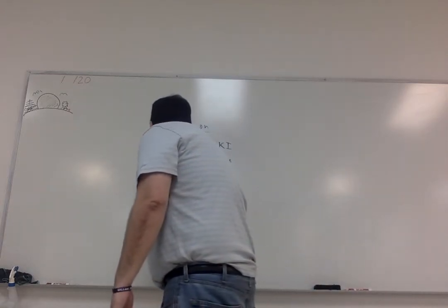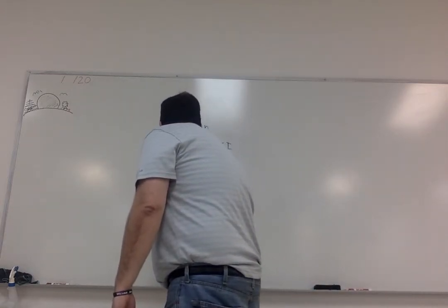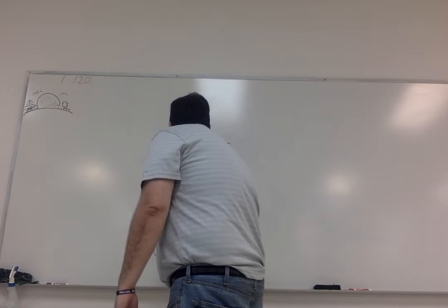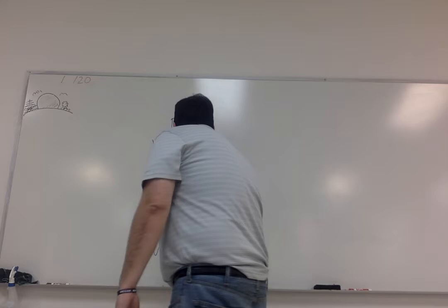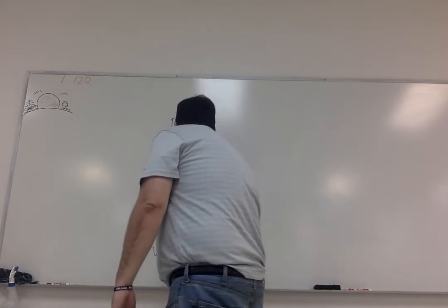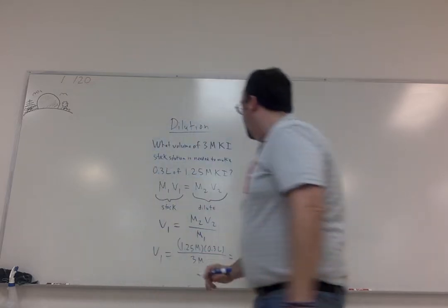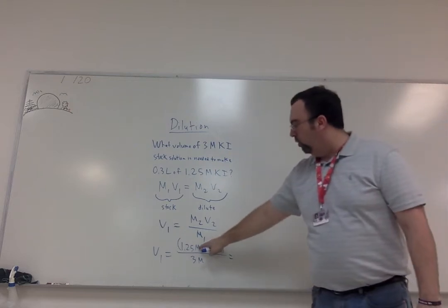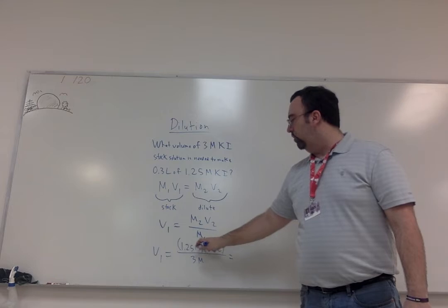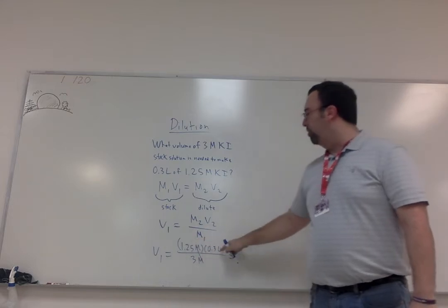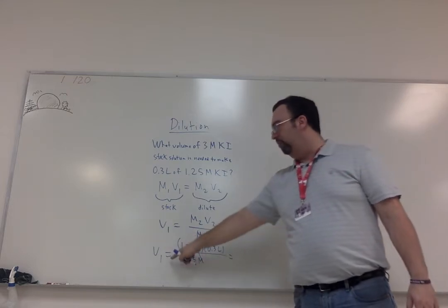So V1 equals 1.25 molar times 0.3 liter on top, and then I'm going to divide this by 3 molar on the bottom. Notice that the molarity here is going to cancel, and so then you're just going to be left with liters, which again is a measurement of volume.